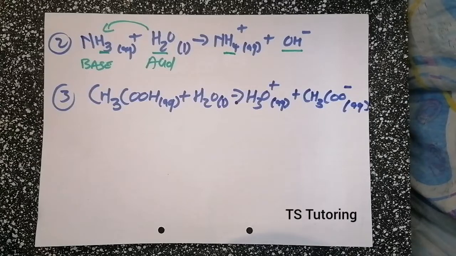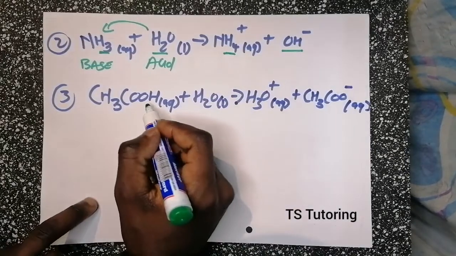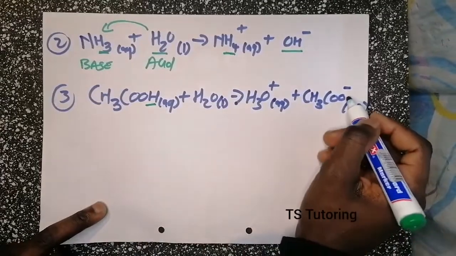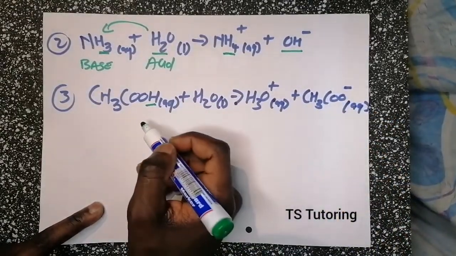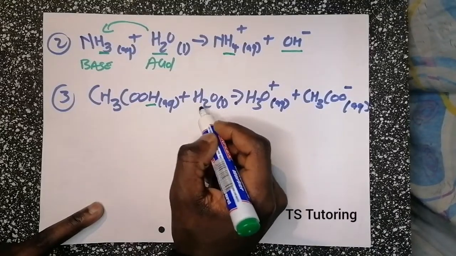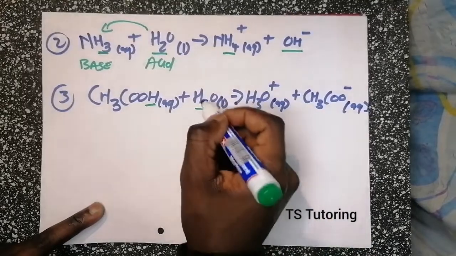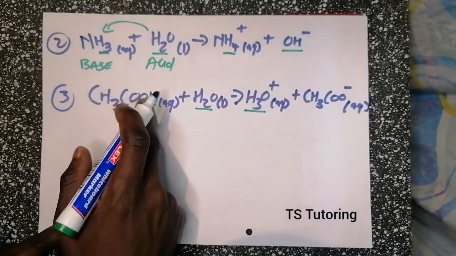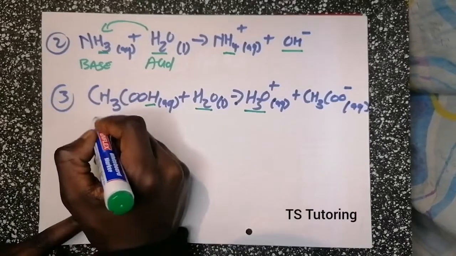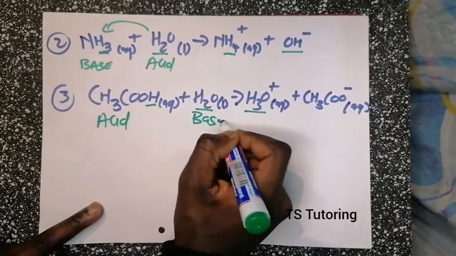Based on what happened, we had a proton here, but now we no longer have a proton. That means we lost that proton. Here we had 2 hydrogens, now we have 3 hydrogens. This water molecule must have accepted the hydrogen from acetic acid. So acetic acid must have been our acid, and water must have been our base.